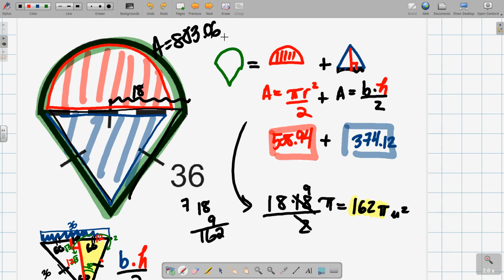Check for units. There doesn't seem to be any units, so we can say units squared. So to recap, please label this. One, always start with a thing equation. Two, write out your area equations.